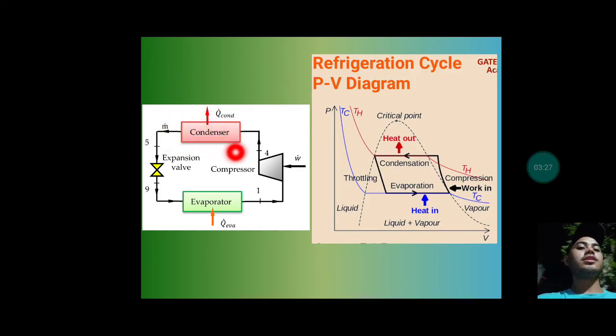In the condenser, the compressed refrigerant, which is hot, is cooled down by the condenser.